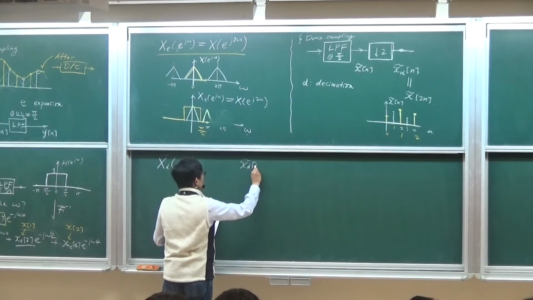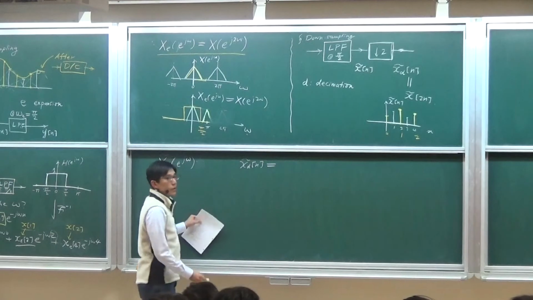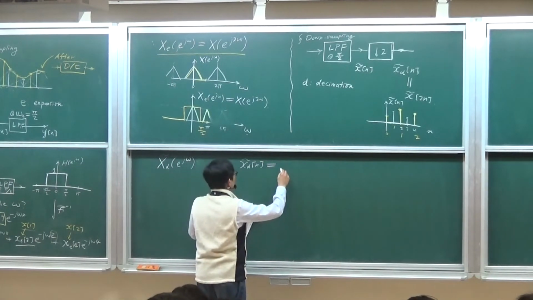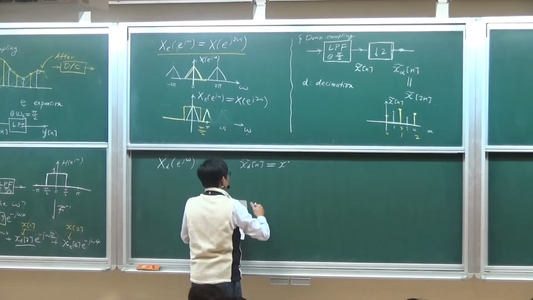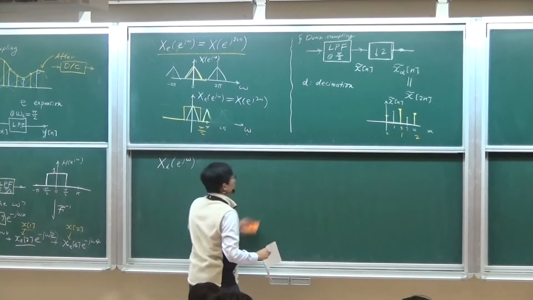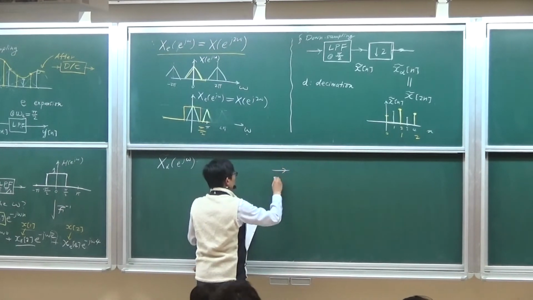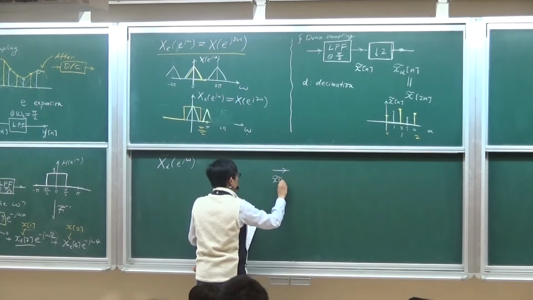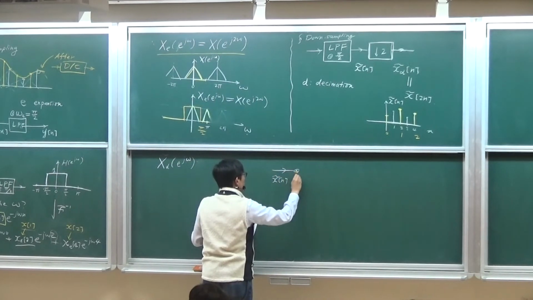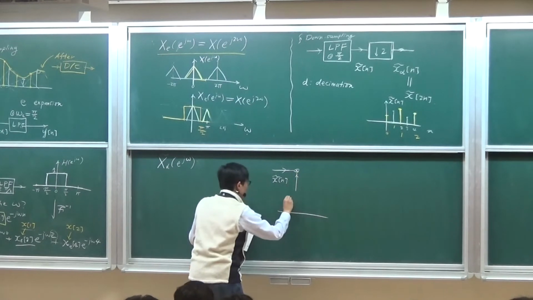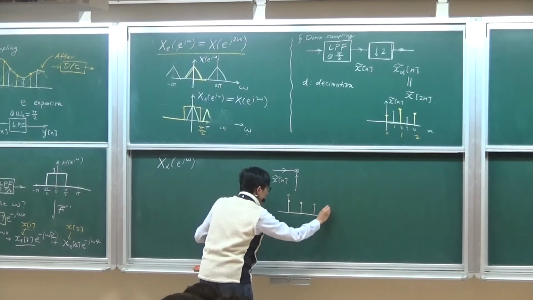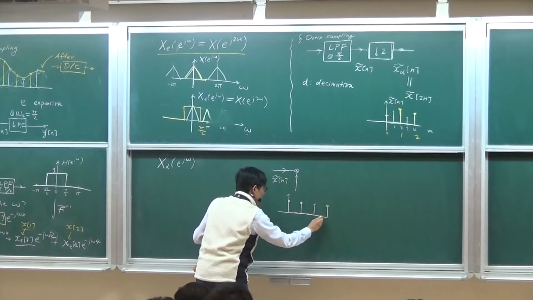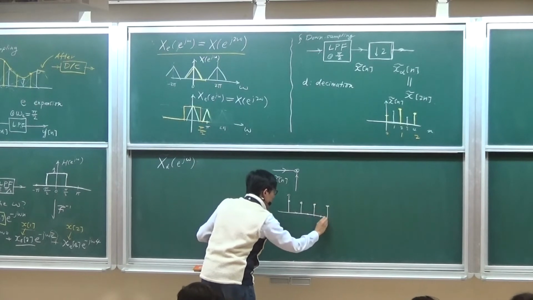But here, xd of n in the time domain, when we drop every other point, is equivalent to first multiplying our signal with the sha function, with the sequence of spikes. Recall this is very similar to when we talk about sampling the signal.